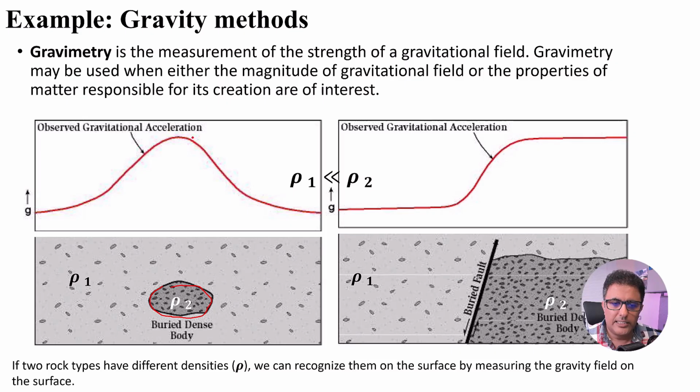And we're going to see such a shape in our gravity data, such a curve. So by looking at the gravity curve, we are able to say there should be some dense body below the surface. Here is another example. Assume that we have a fault here in the figure on the right side. And just let me highlight it for you.